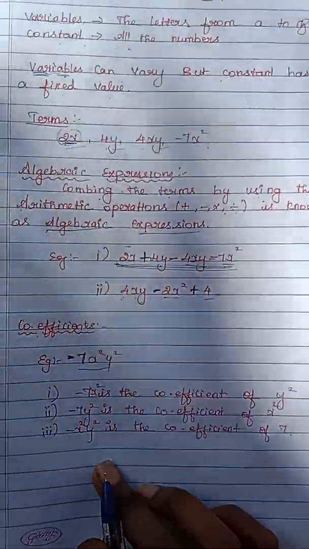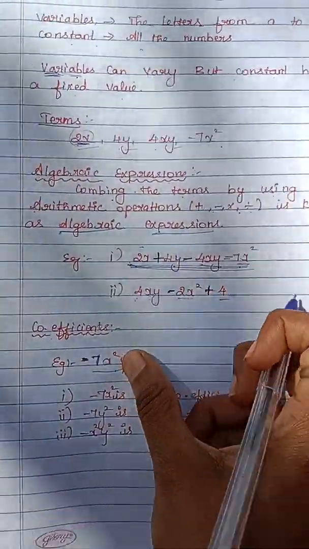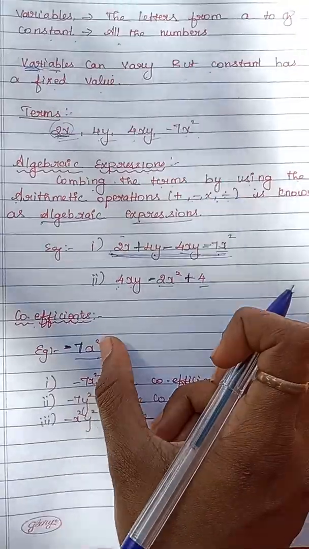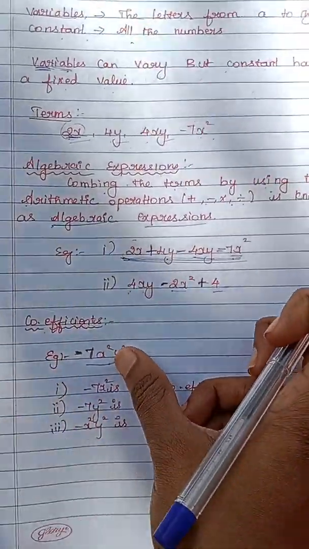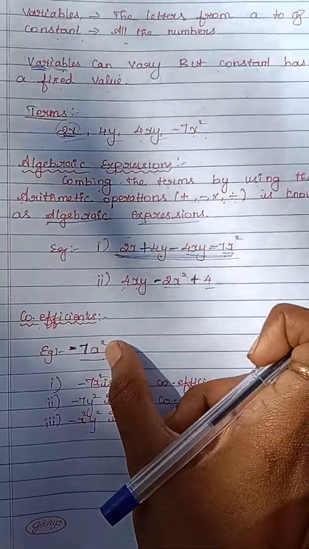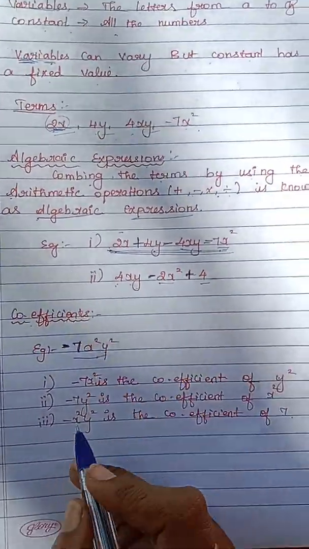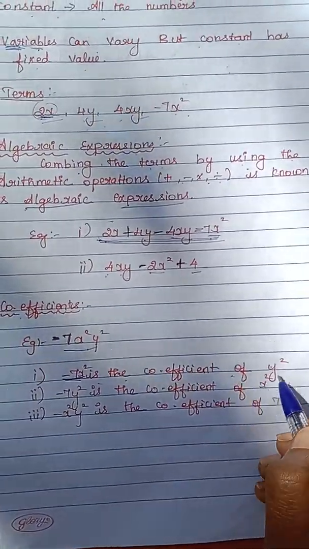Just hide the y square alone in this expression and see what remains. While I am hiding y square, the remaining things are minus 7 and x square. So minus 7x square is the coefficient of y square.